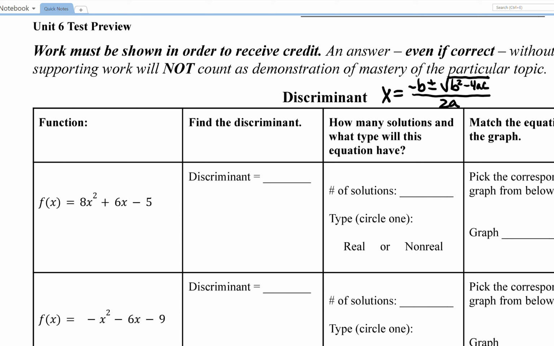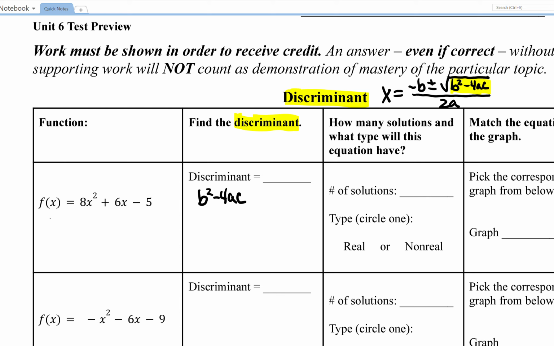And the discriminant is just that part under the radical, and so the discriminant is b squared minus 4ac.